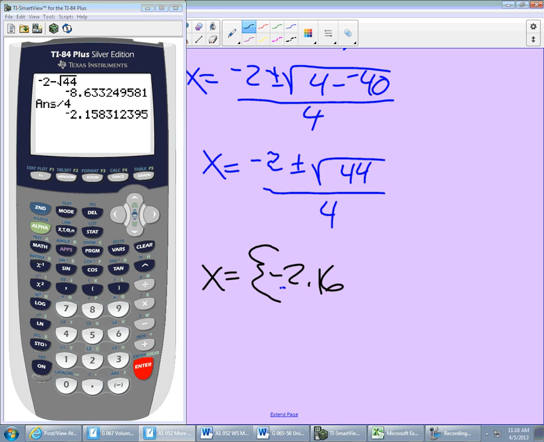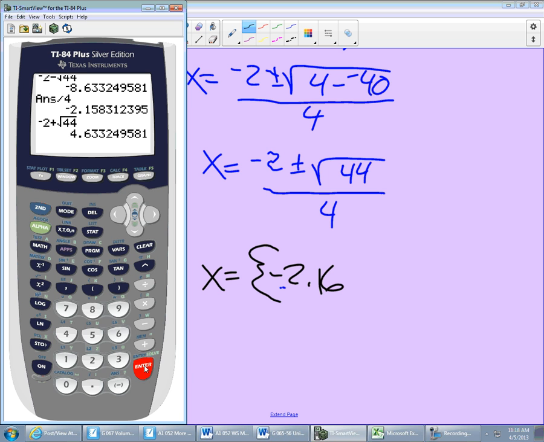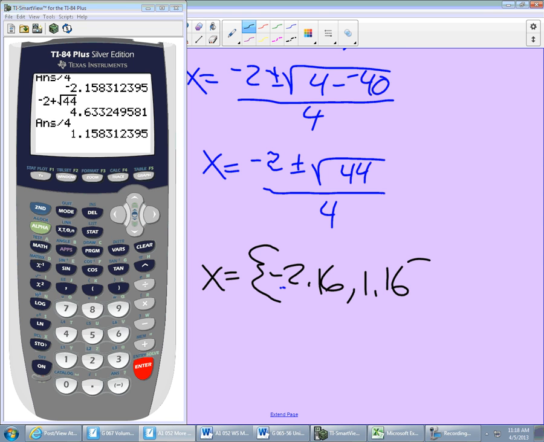Then do it again. In the numerator, I've got negative 2 plus the square root of 44, and underneath that we divide by 4. The calculator says we got another x value of 1.16. And there you are. This parabola crosses the x-axis in those two locations. It's that simple.